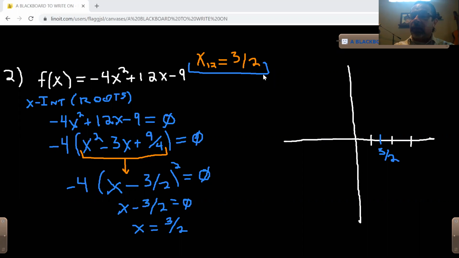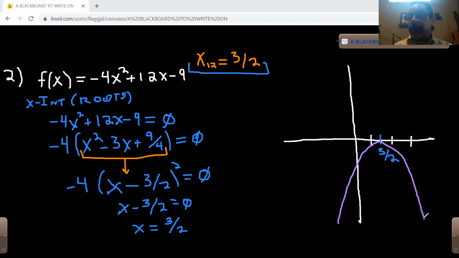So something we can infer right now is that the parabola is only going to touch x at 3/2, and we know that the parabola goes downwards. So the parabola is going to be something like this, and I'm exaggerating the curve here. It only touches at one point.